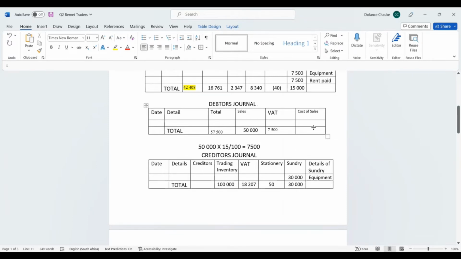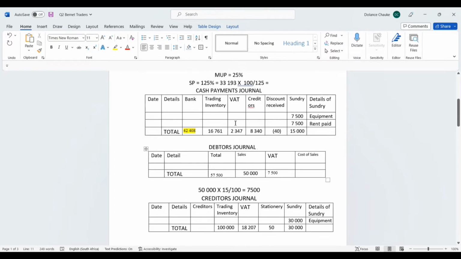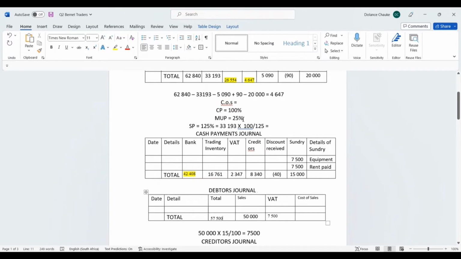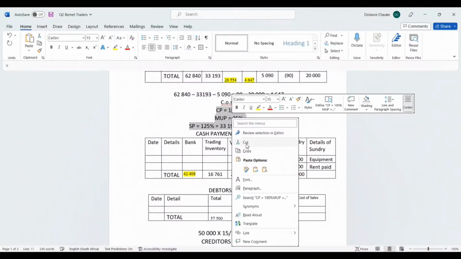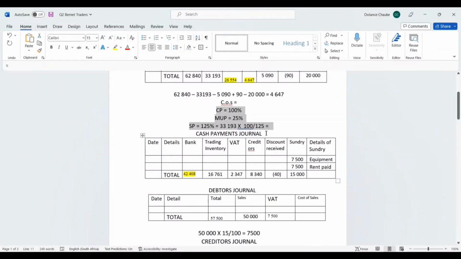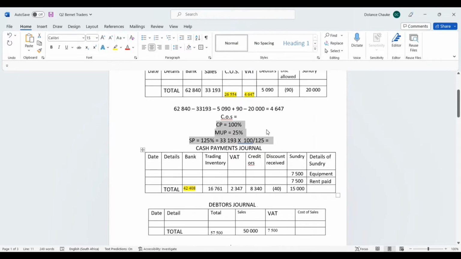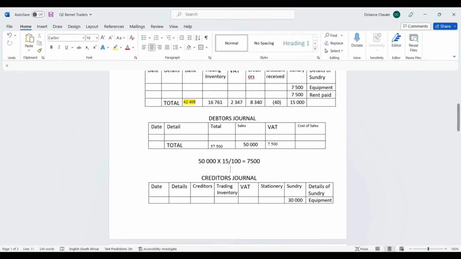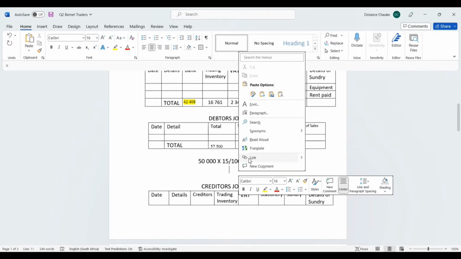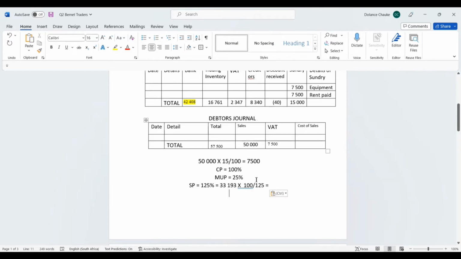And then now you need to calculate your cost of sales. Your cost of sales, you don't change anything. You come here, you follow all of this. Let me just copy and do the calculations down there. I will remove these ones only.